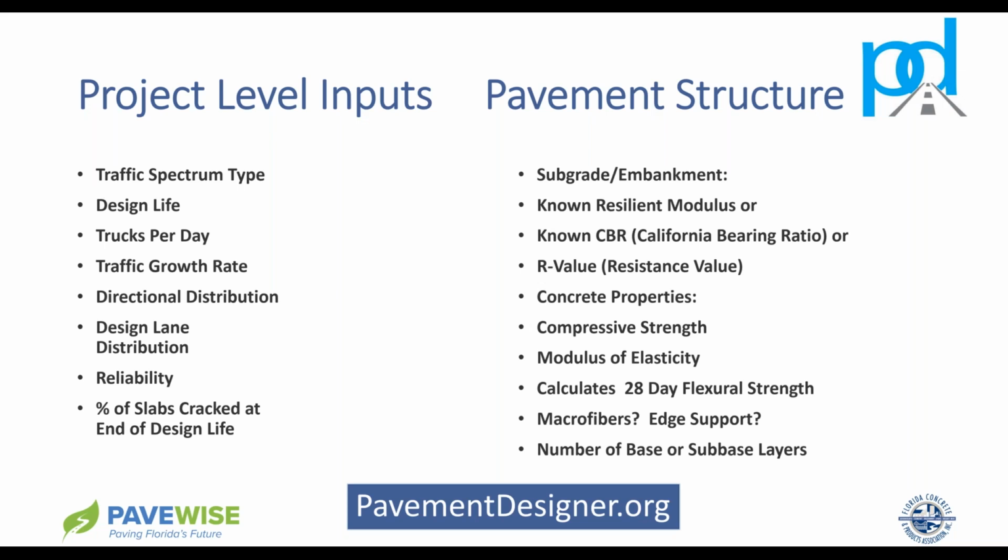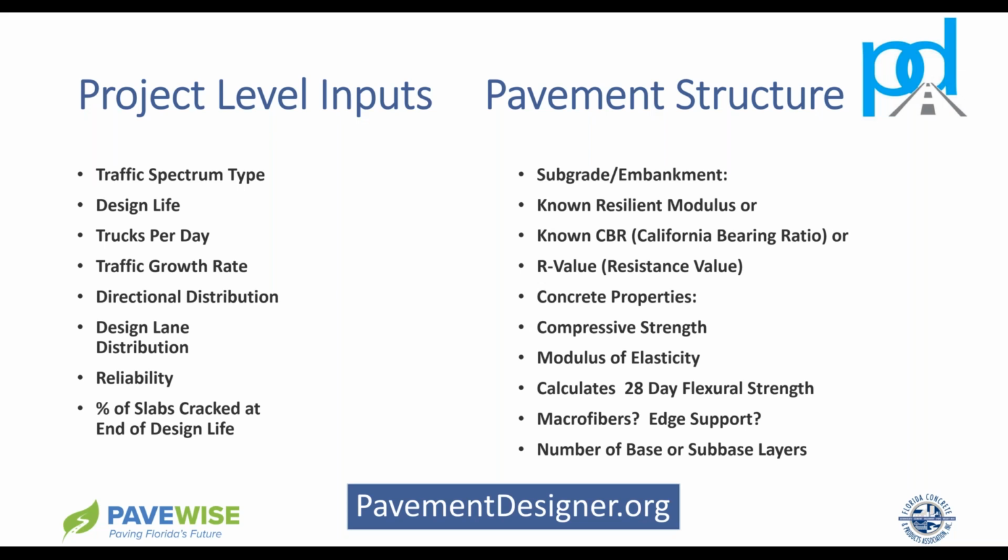Concrete properties. You need to know compressive strength, modulus of elasticity, and the program actually calculates the 28-day flexural strength based on the compressive strength and modulus of elasticity. Are you going to put macro fibers in your concrete? Some folks do, some don't.